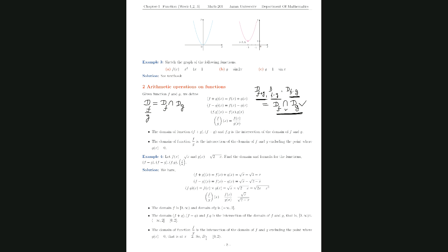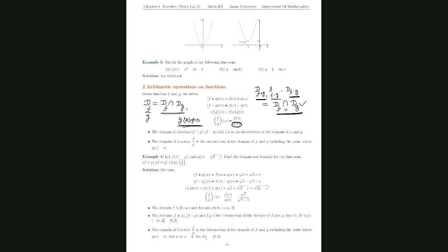But what is the change here? The denominator function g(x) must not be zero, exclude this. Those values of x at which the function g(x) is 0, exclude those points. So the rule is the same, domain of f intersect domain of g, but the denominator function must not be zero. This is the difference.